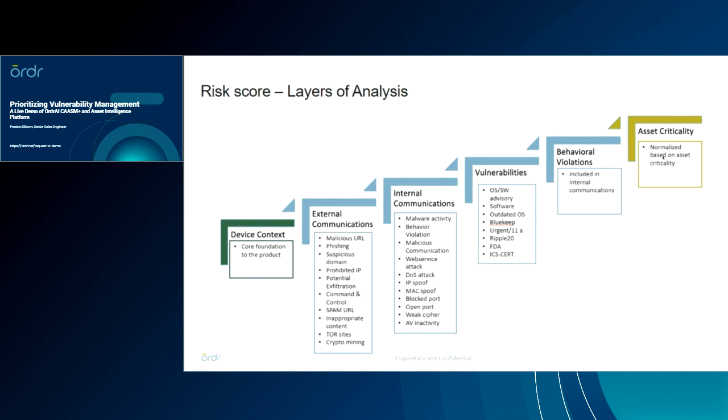If we're receiving flows, we're going to know if it's external or internal. What kind of vulnerabilities does it have? Now, this kind of circles back to that device context, because we're going to know, okay, it's a laptop. It's running Windows 10. It's going to be deprecated. Okay, we've got all these vulnerabilities. It's also more risky because it's going to be deprecated. All these things get added in, right?